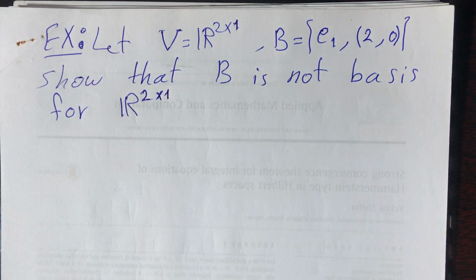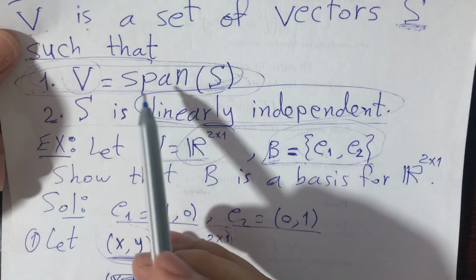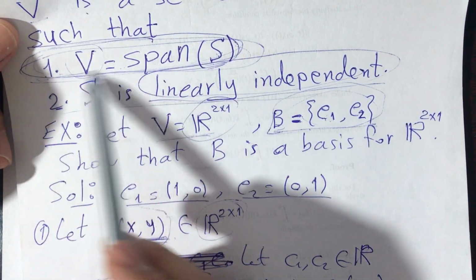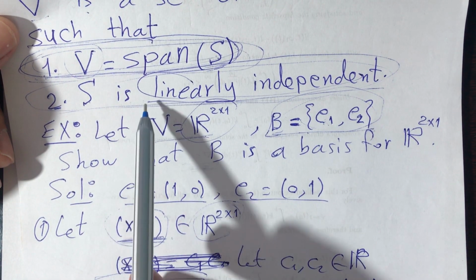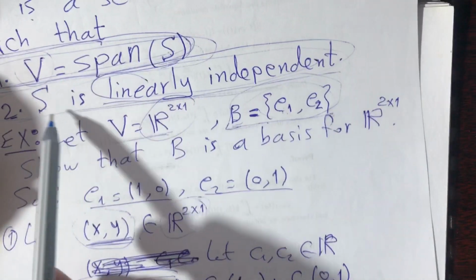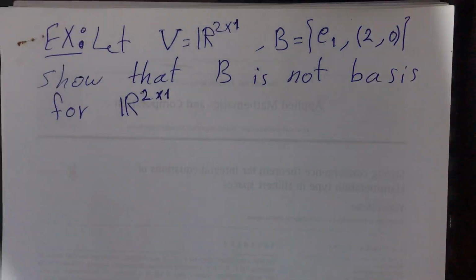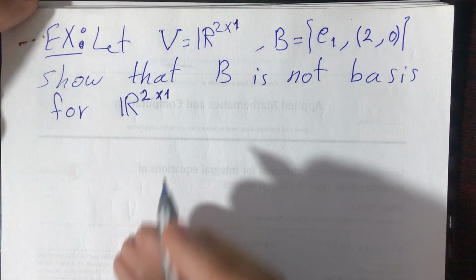That means if B is not a basis, one of these conditions will not be satisfied, either the first condition or the second condition. Which one will not be satisfied? I think in this example, the second condition will not be satisfied.